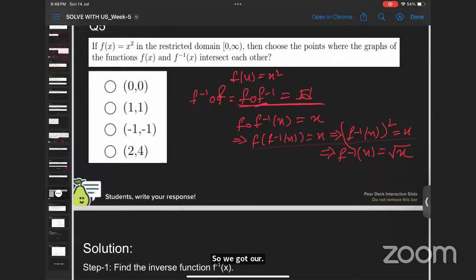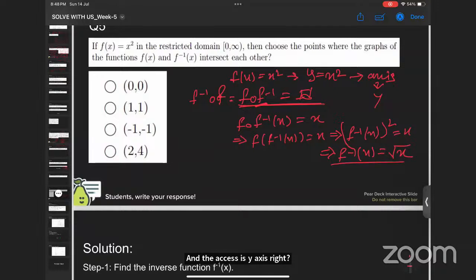So here we can check the number of points of intersection from the graph. Here we have y equals x squared, which is a parabola, and the axis is the y-axis, right? And this is a function y equals root x. That means x equals y squared. This is again the equation of a parabola and the axis is the x-axis, right?